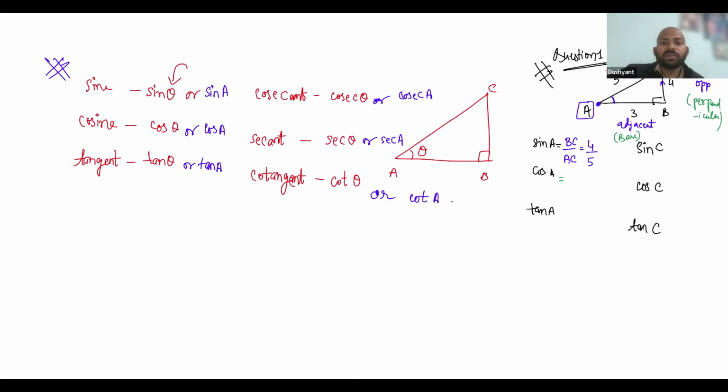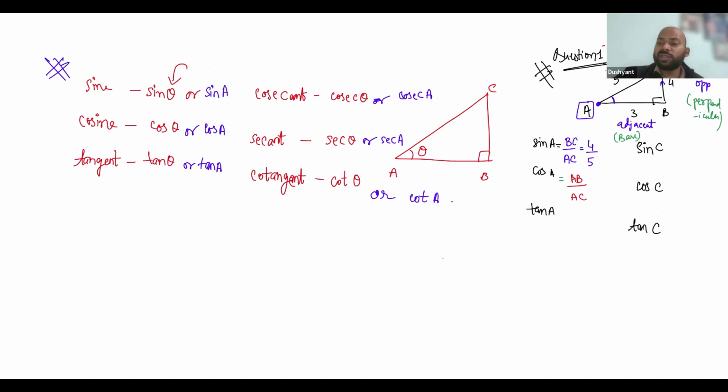So cos A is equal to adjacent over hypotenuse.